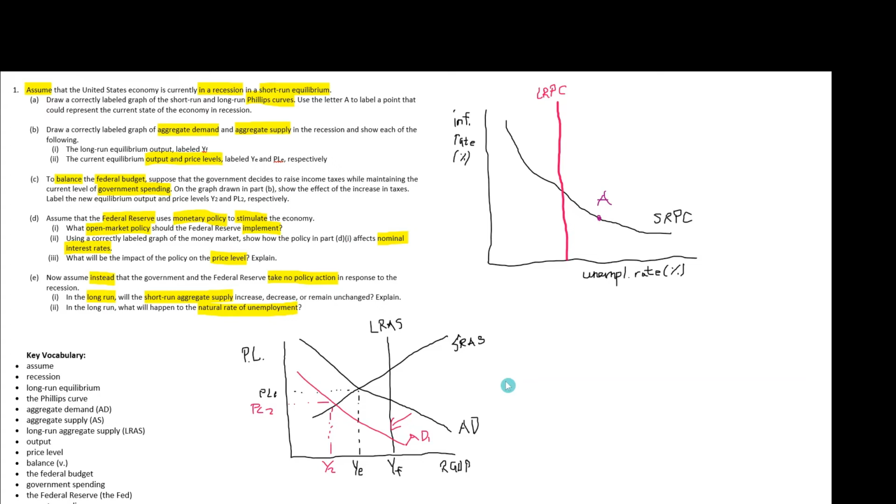All right, so it asks us for the first part of Part D, what open market policy should the Federal Reserve implement? So what should they do? This is going to be open market operations, and this is going to be buying bonds or buying securities. By doing so, this will put more money into the reserves of banks, which can then be lent out to borrowers, and that carries on.